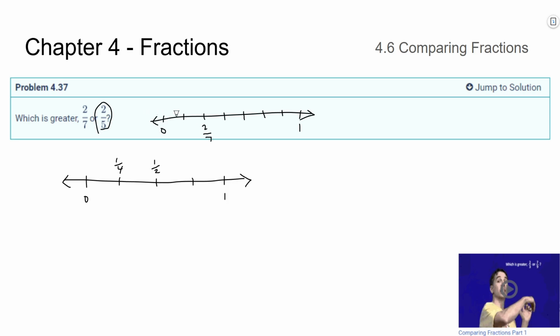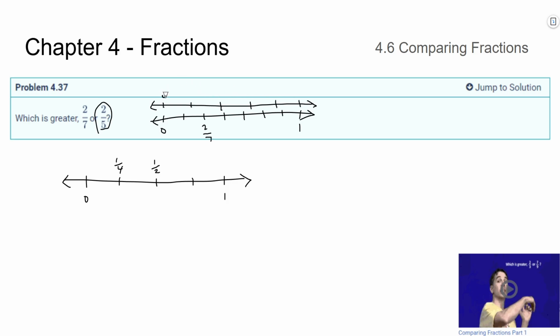But if we split it only into 5, let's see if we can create pretty much the same number line here. So 0 is right here, and 1 is right here. And so let's go 1, 2, 3, 4. So 1, 2, 3, 4, 5 sections.